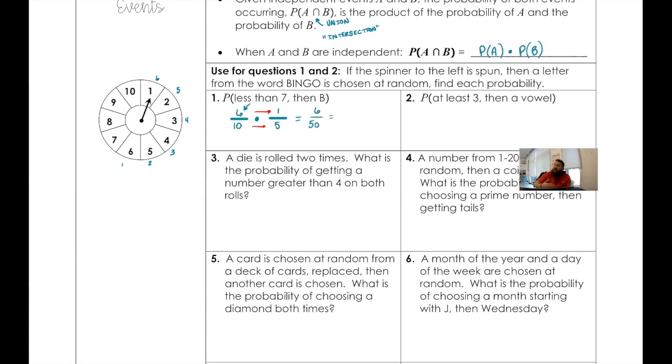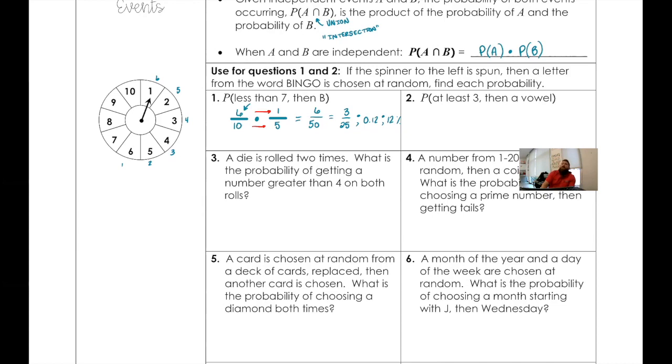And of course, we need to reduce that fraction, and it would be 3 over 25. Now, of course, I could put that in decimal form, which would be 0.12, or I can put it in percentage form, which would be 12%. That's going to change depending on whatever it's asking for. Just be comfortable with all 3.